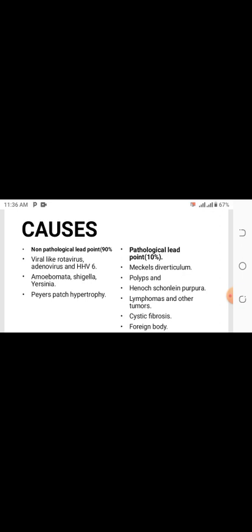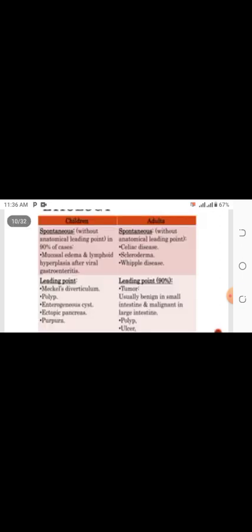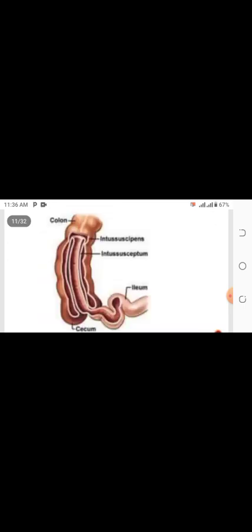Then we have the pathological lead points where we find Meckel's diverticulum. It could be a polyp, it could be lymphomas, any other tumor, cystic fibrosis, or a foreign body. And again, this is another diagram showing the distal ileum telescoping into the cecum.